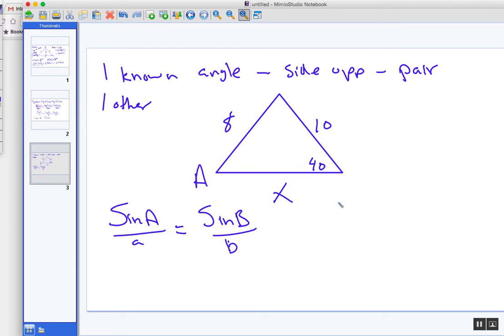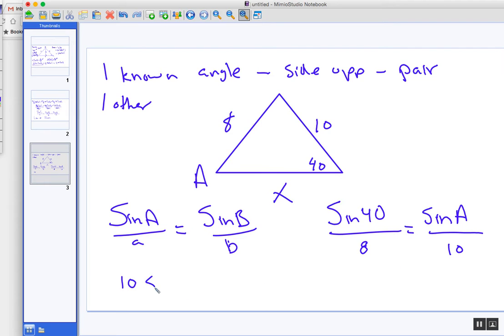So here I have sine of 40 over 8 is equal to sine of, since I am looking for angle A, I need to set up my proportion using the side opposite angle A, so 10. So 10 times the sine of 40 is equal to 8 times the sine of A. So I just cross multiplied here.